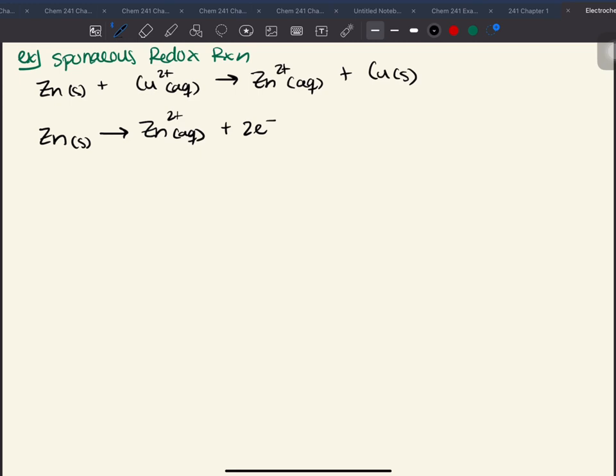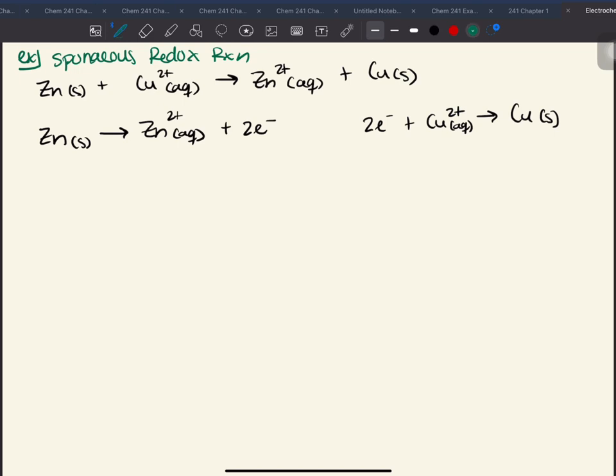Now those 2 electrons are going to react with the copper 2 plus to make the solid copper.